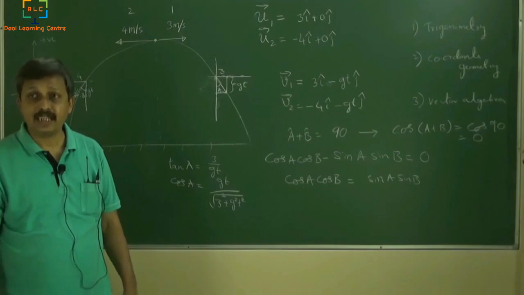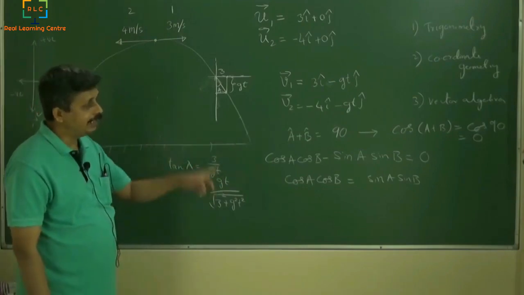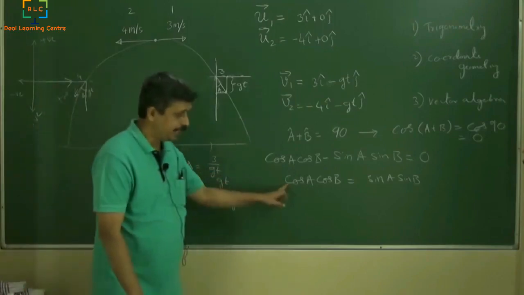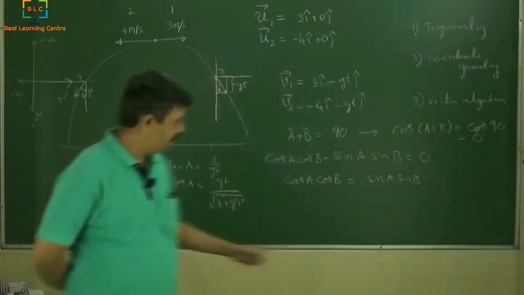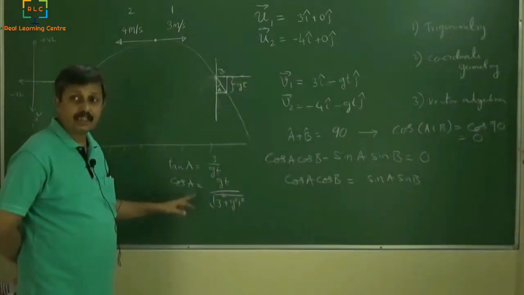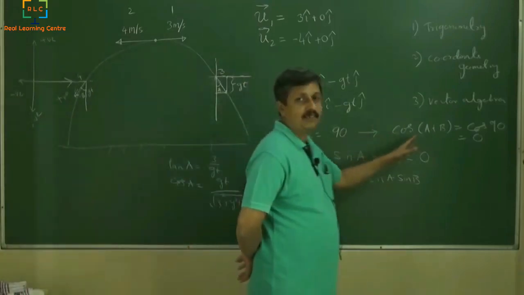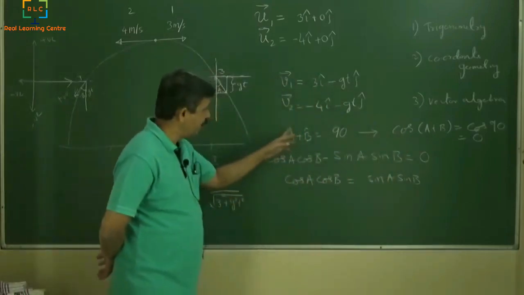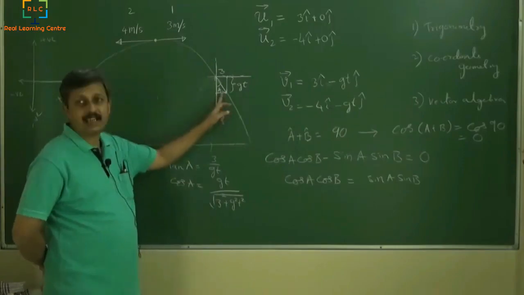So I have given you a technique now for how to write this. Now please write it for cos B like that, sin A like that, sin B like that, and substitute it here and solve for t quickly. The reason I am doing it like that is that I wanted to show you how, if you are given one particular angle as a tan inverse of something, you get the cos of the same angle using a simple triangle method.